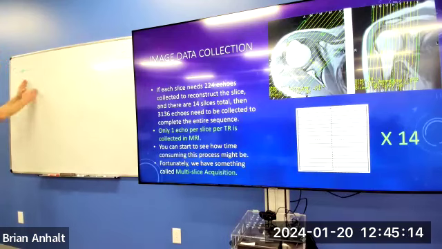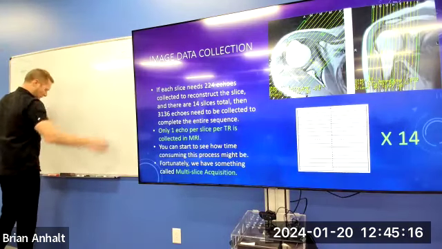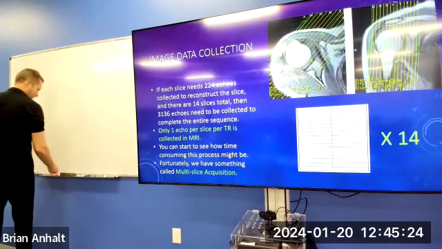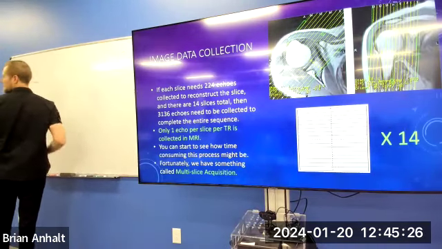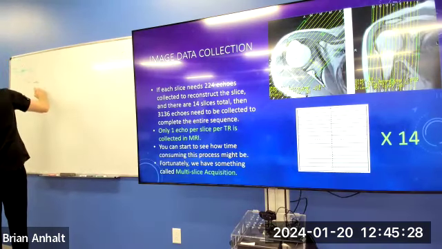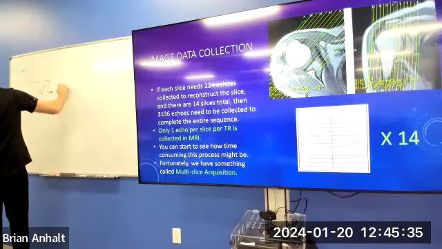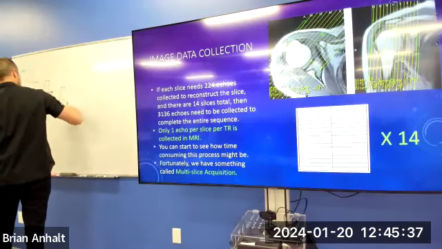So you see all this dead time here? What we're going to do is excite the next slice. When that's done, we're going to go to the next slice because we have more time, right? And then the next slice. And then the next slice.